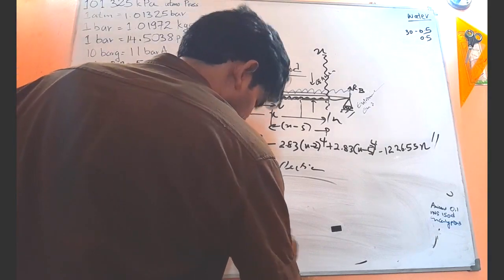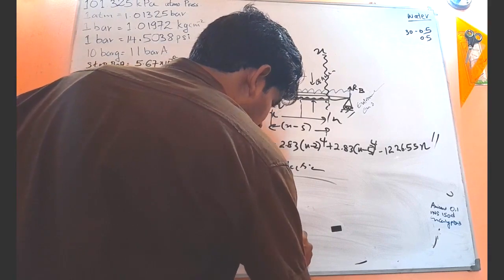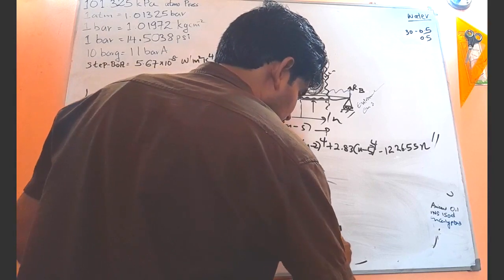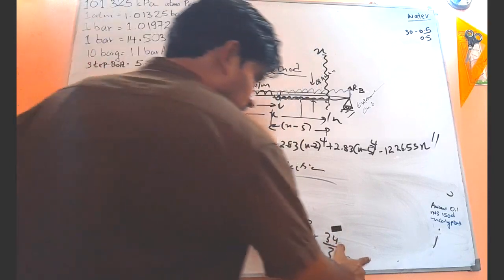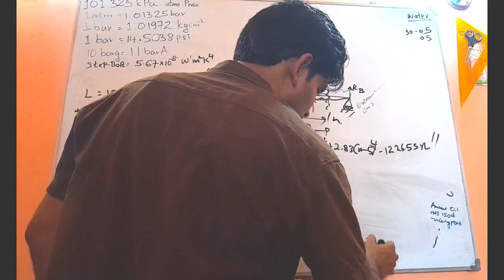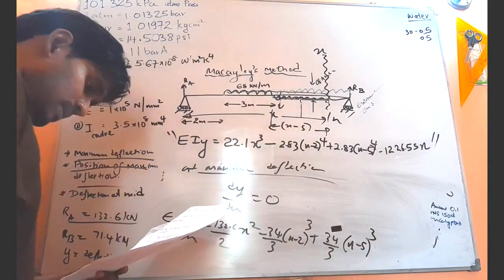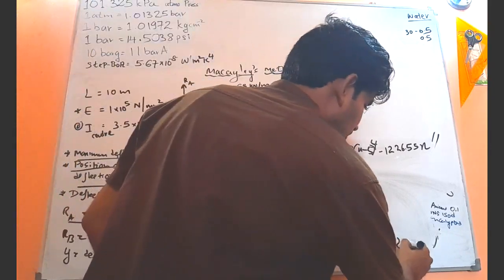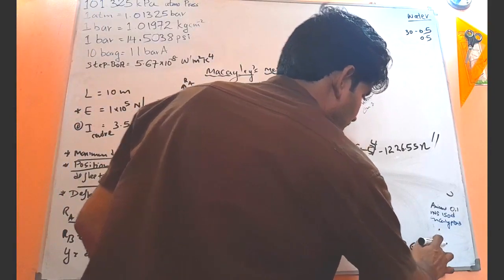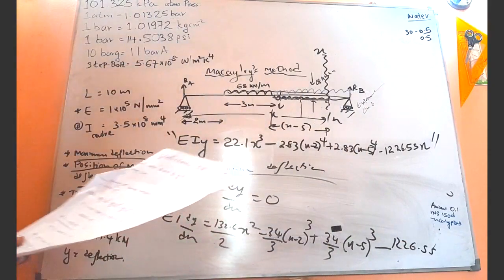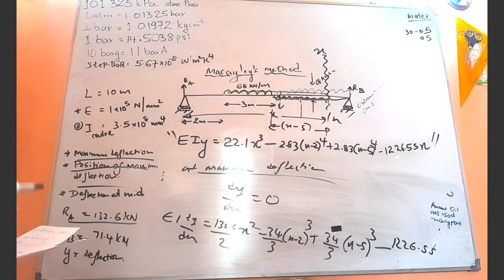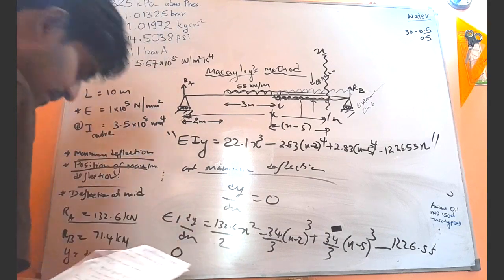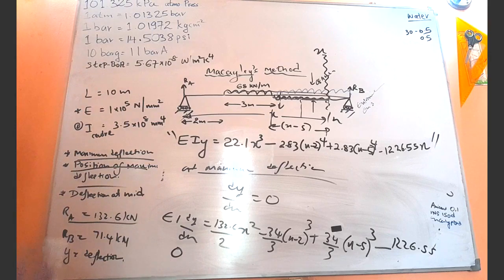Minus 34 divided by 3 times x minus 2 cubed, plus 34 divided by 3 times x minus 5 cubed, minus the constant C1 only, you remember that, right? 1226.55, right? Okay, so now we know that at maximum deflection definitely dy by dx equals 0, so this side will become 0, right?